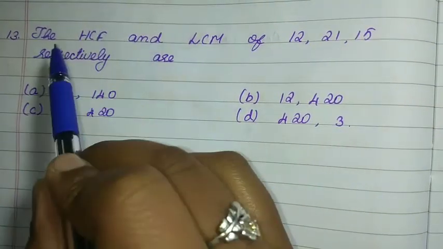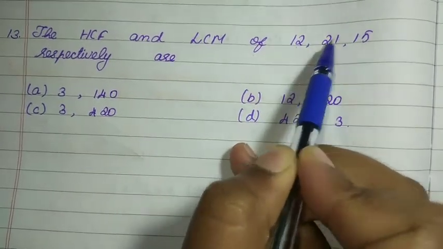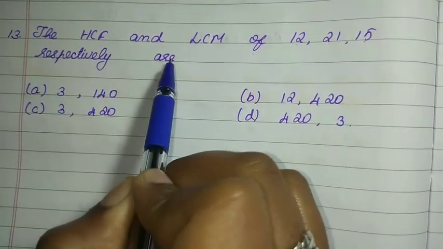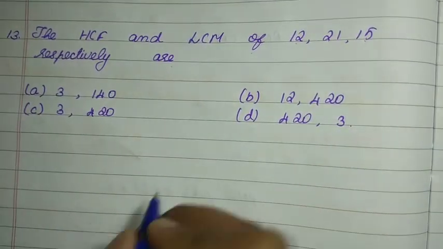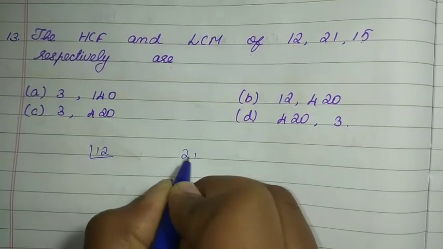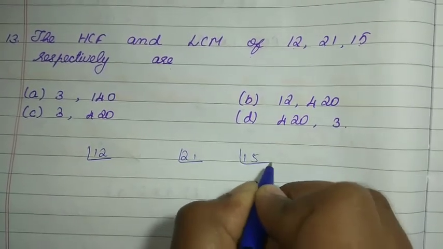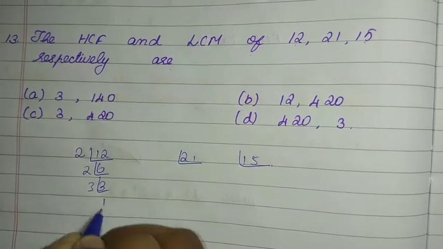Question 13. The HCF and LCM of 12, 21, 15 respectively are. So we have to find the HCF and LCM. So now I will be doing it for 12, 21 and 15. 2, 6, 2, 3, 3, 1.